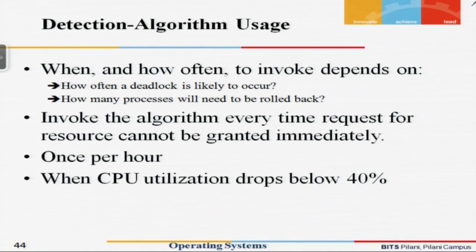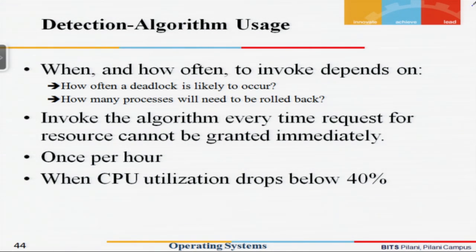The number one issue is what is the periodicity, or how often the deadlock detection algorithm is going to be run. One approach could be that whenever a request is made and the request cannot be granted, at that point of time we should try to run the deadlock algorithm and see if deadlock has already occurred, or we can have some kind of periodicity.